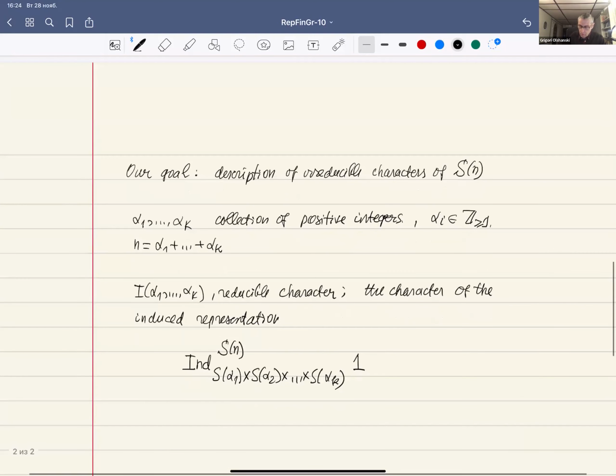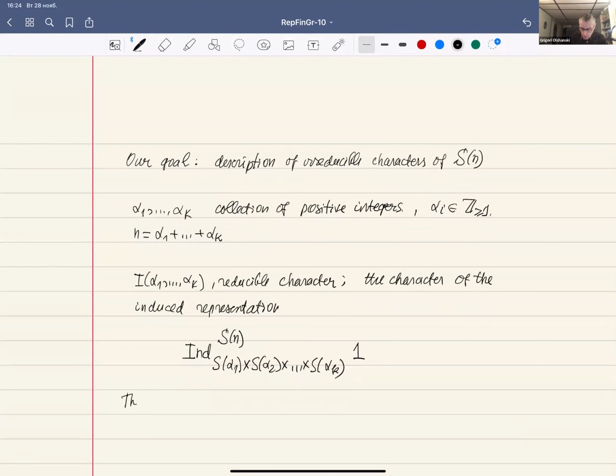So this representation is the quasi-regular one, its space is the space of functions on the homogeneous space.